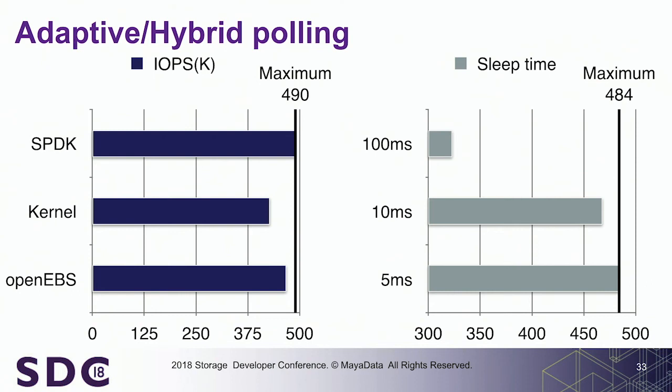This has an impact on latency, so it's configurable in a sense. But once we reached the 5 millisecond sleep time, we basically got results that actually outperformed the kernel as well. So we were pretty pleased with that, and that basically allowed us to continue and explore other possibilities using this methodology.